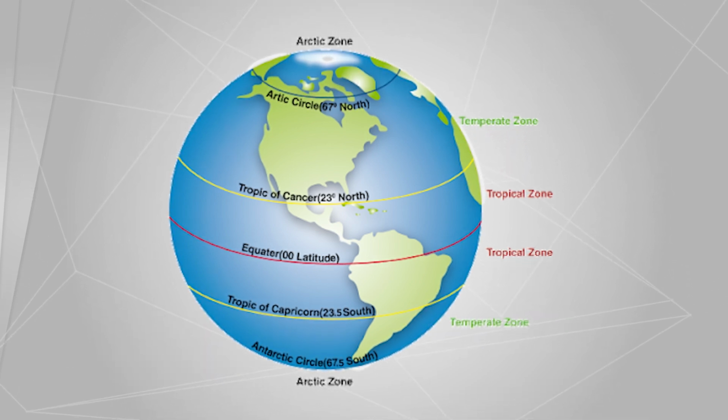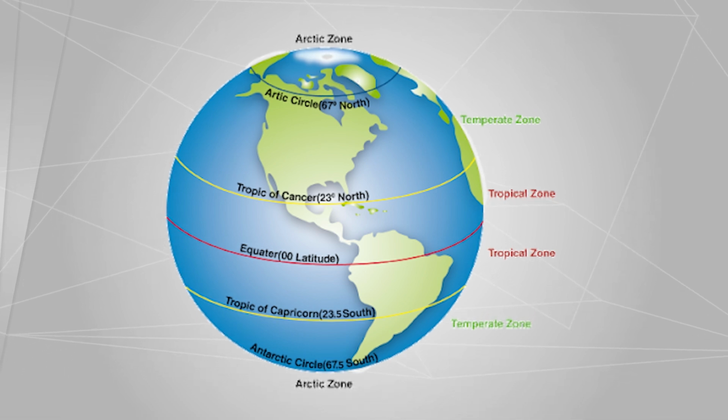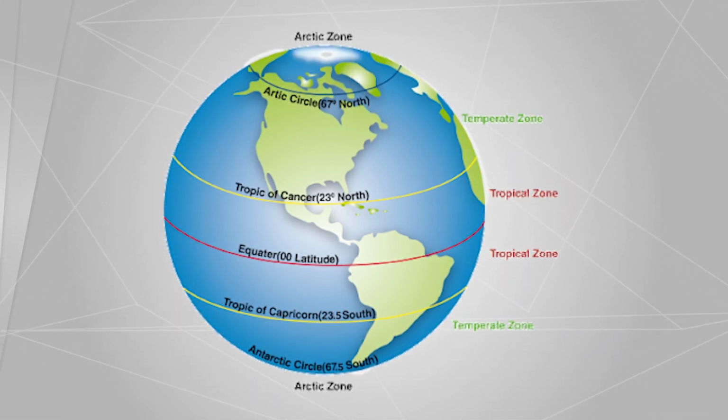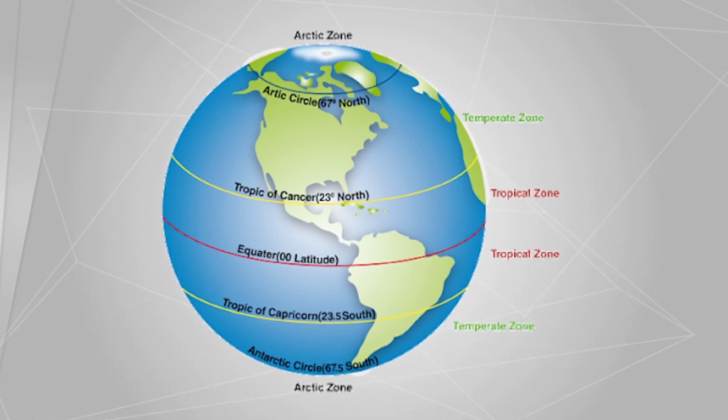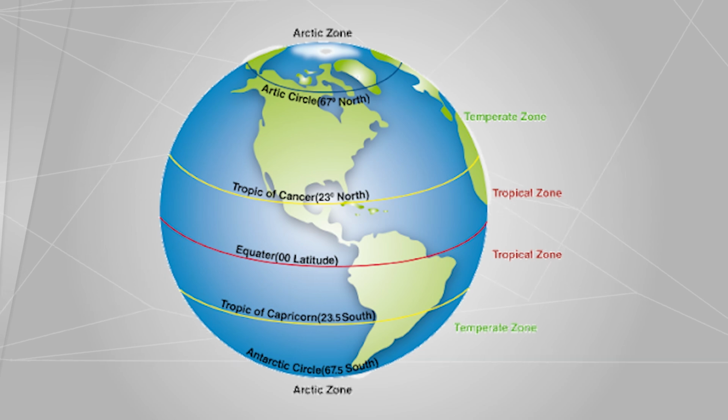Accordingly, it is believed that tropical regions create favorable conditions for proliferation of disease vectors such as mosquitoes, leading to high incidences of vector-borne diseases including malaria and dengue fever.